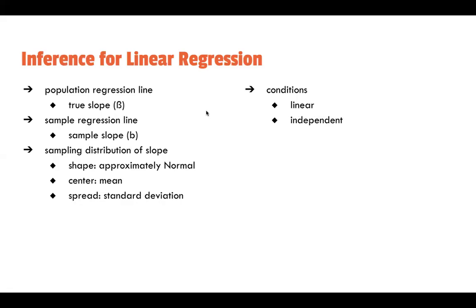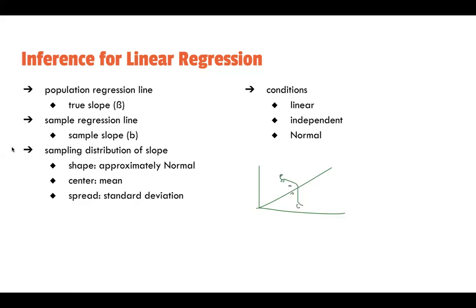Independent, it's not really a graph that tells you this, but you check the 10% condition when sampling without replacement, and otherwise you just make sure that individual observations are independent. Next is the normal condition. So this is a bit different. It's basically that the response variable varies according to a normal distribution when compared to the x variable. So if you have a line, what it's basically saying is that the dots should be normally distributed.